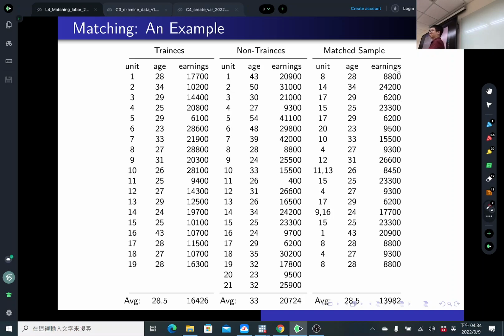So sometimes you say your matching method does not allow replacement. That means you cannot use the same individual multiple times. But you can also do it with replacement. So just state what kind of method you use. Okay, that's a different method.